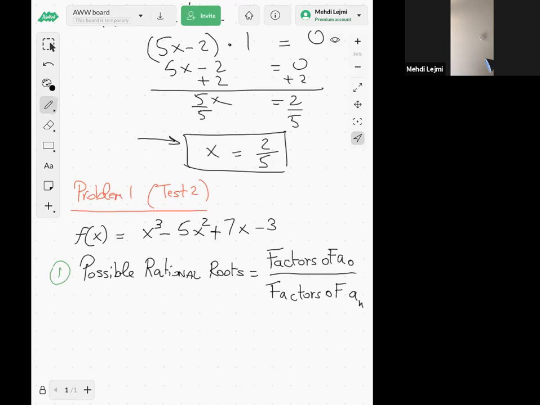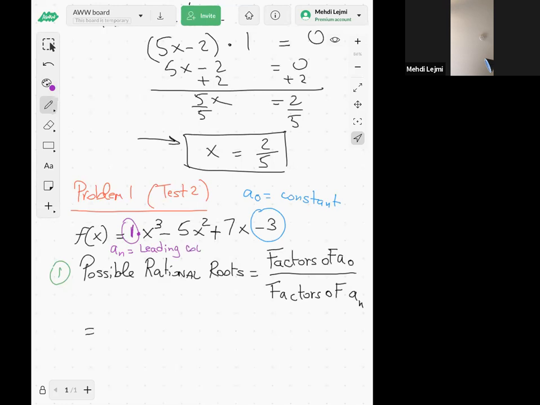The a0 is the constant, the last coefficient. So it's 3 or negative 3. And the an, the a subscript n, is the leading coefficient. Here it's 1 x cubed, so that's my leading coefficient.